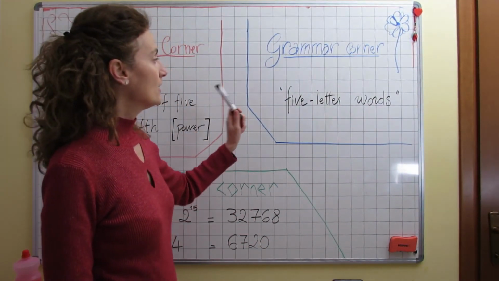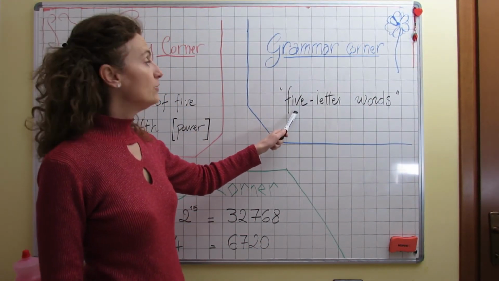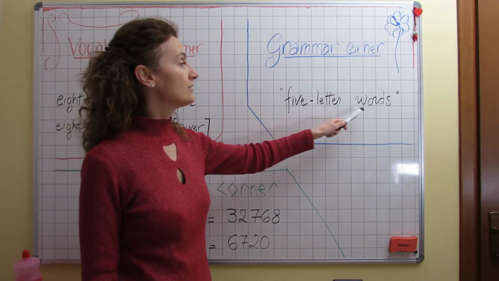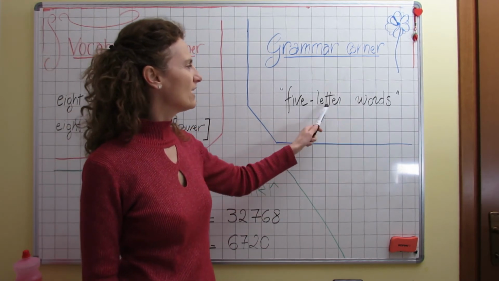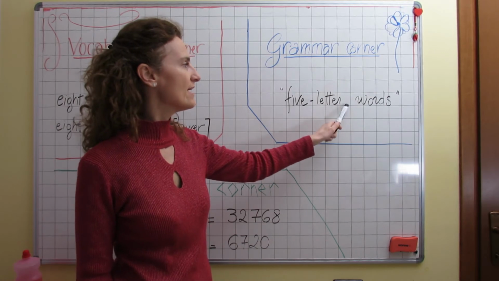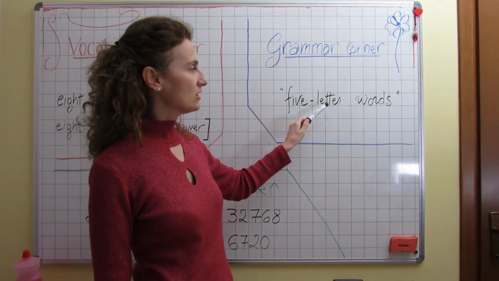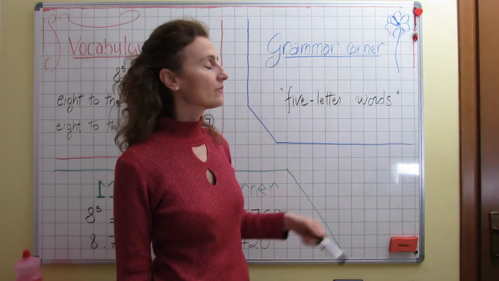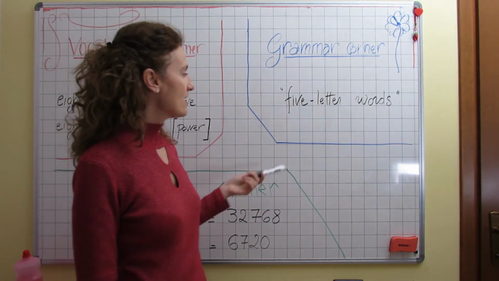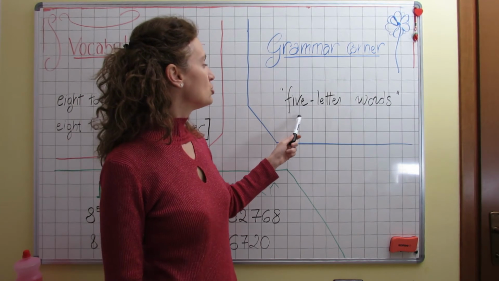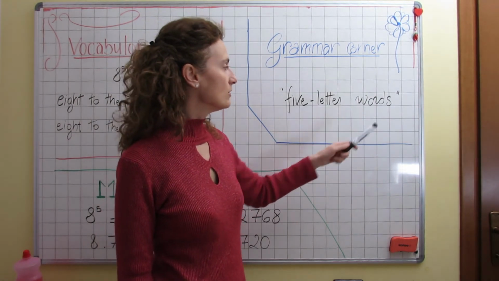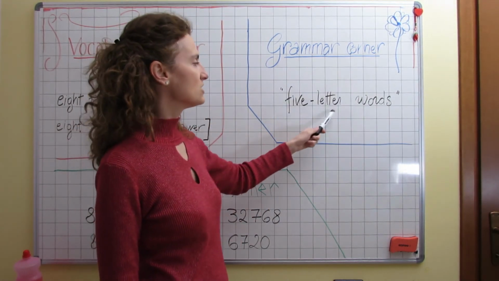Second, in the text you found 5-letter words, not 5 letters words. There's no S here, because this is a sort of adjective for the noun words. Similarly, you can say a 2-liter bottle, or some 2-liter bottles.